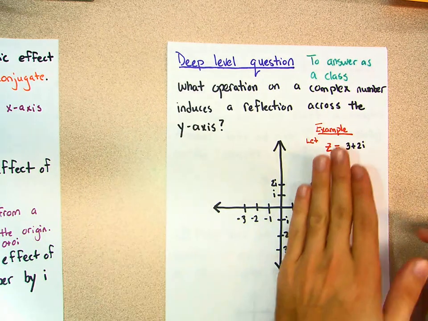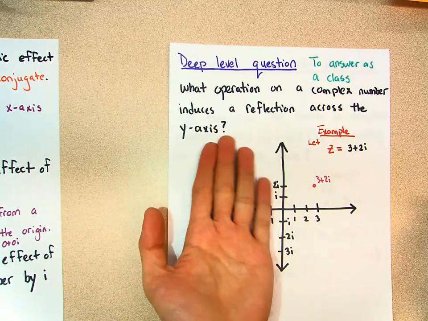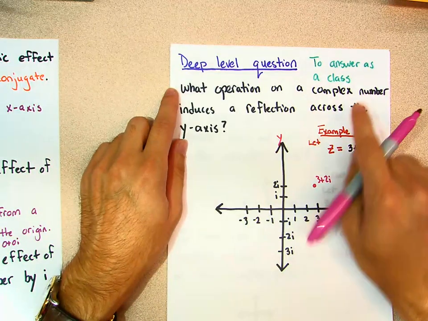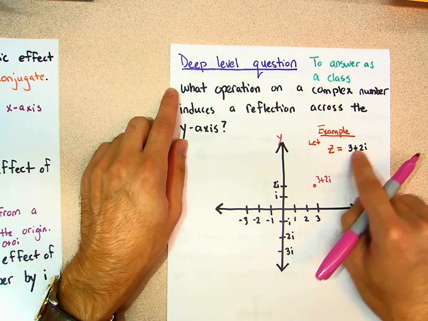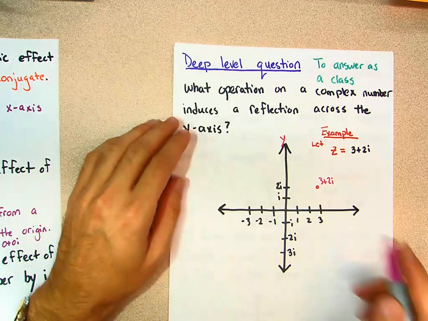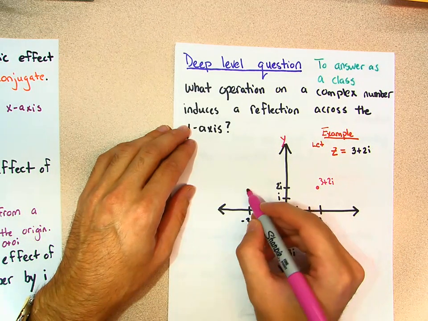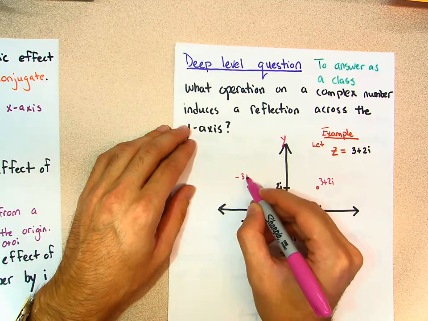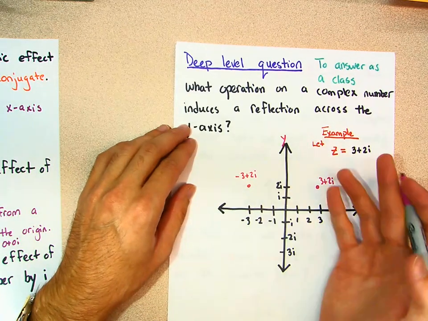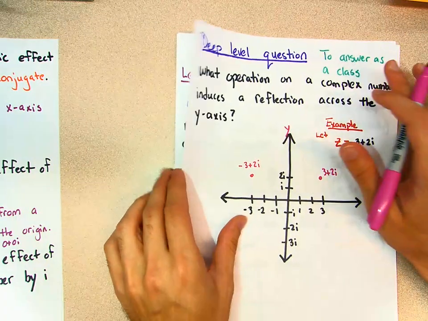How can I reflect, not across the x-axis, but across the y-axis here? What operation can I do to this 3 plus 2i to somehow get to the other side, right? Where would the reflection be? It would be negative 3 plus 2i. So then what can we do to actually do this? Try and think about that and we'll answer that as a class.